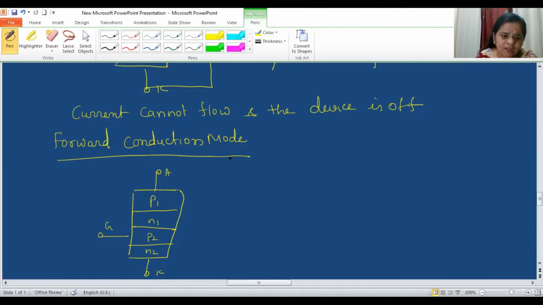We have seen that simply connecting the forward bias voltage across the device is not sufficient to make the device turn on, as we saw in the forward blocking mode. So to change the state of the device from off to on, we are supposed to apply the different turn-on methods of SCR.